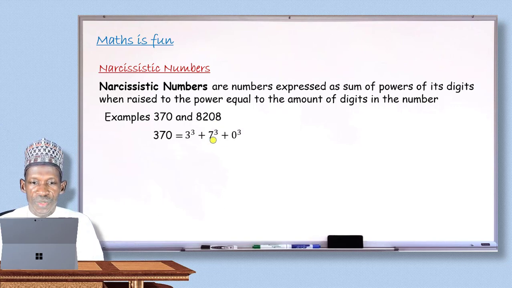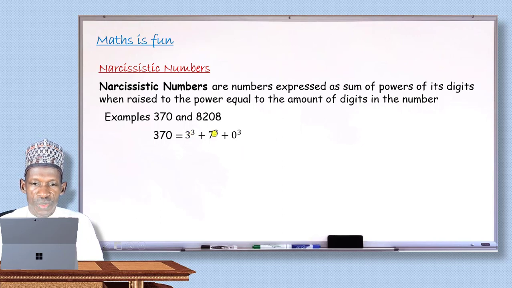370 will now be equal to the first digit 3 raised to the power of 3, plus the next digit 7 raised to the power of 3, plus the next digit 0 raised to the power of 3. This power 3, I got by counting 1, 2, 3 digits. That will give you the power because it says the power equals the amount of digits in the number.